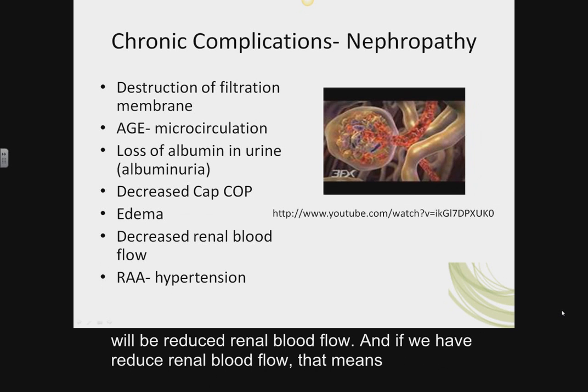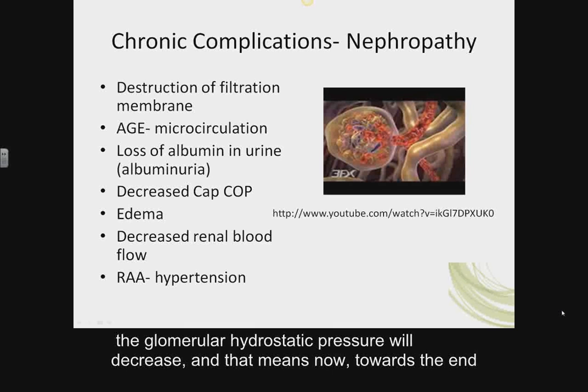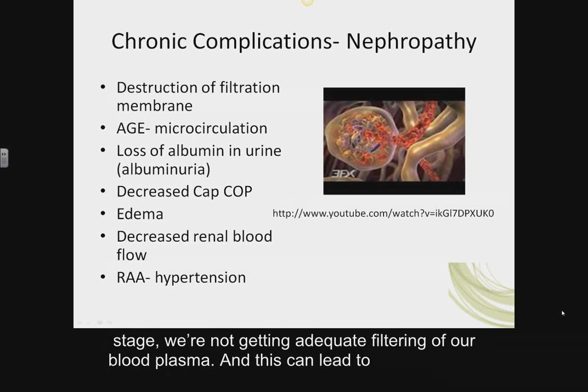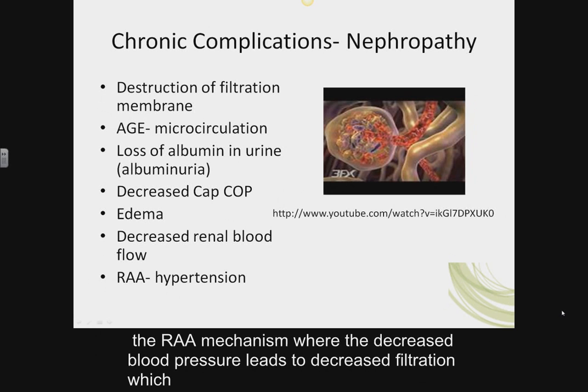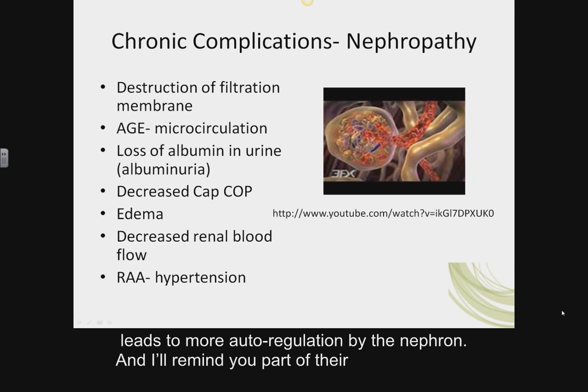We will see with advanced nephropathy that there will be reduced renal blood flow, and if we have reduced renal blood flow, that means the glomerular hydrostatic pressure will decrease, and that means now, towards the end stage, we're not getting adequate filtering of the blood plasma. And this can lead to the RAA mechanism, where the decreased blood pressure leads to decreased filtration, which leads to more autoregulation by the nephron.